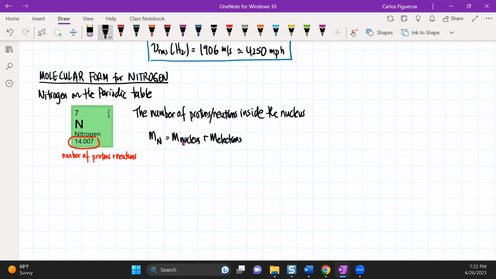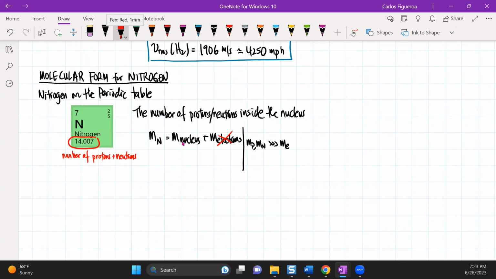So let's look at the numbers here. For starters, the mass of the proton and the mass of the neutron is much, much bigger than the mass of the electron. In fact, one proton is around 1,800 masses of the electron. So we can just ignore the mass of the electron.